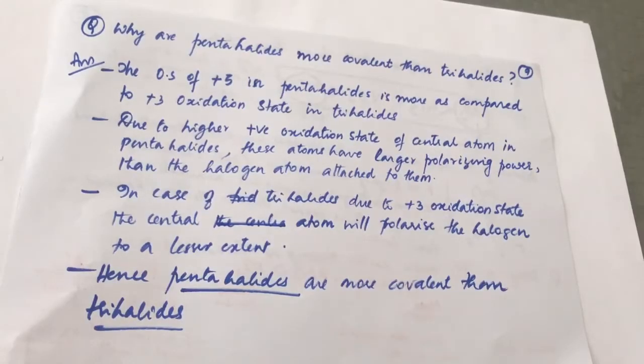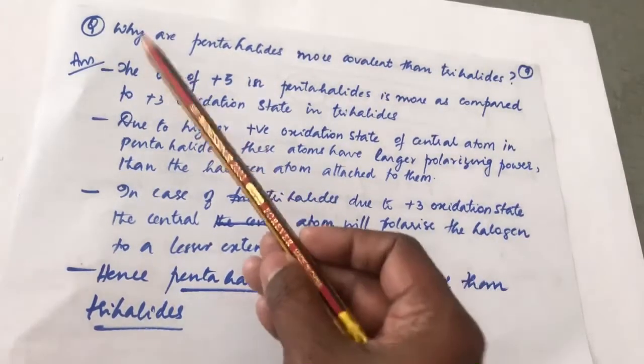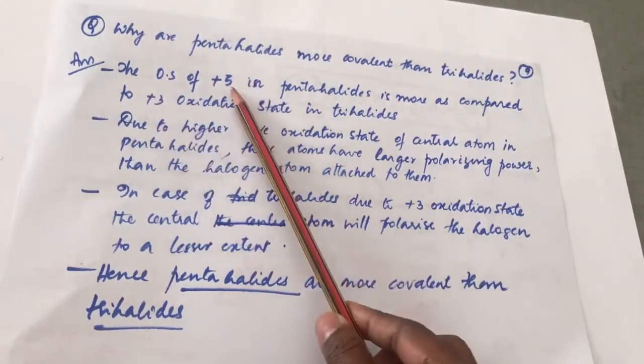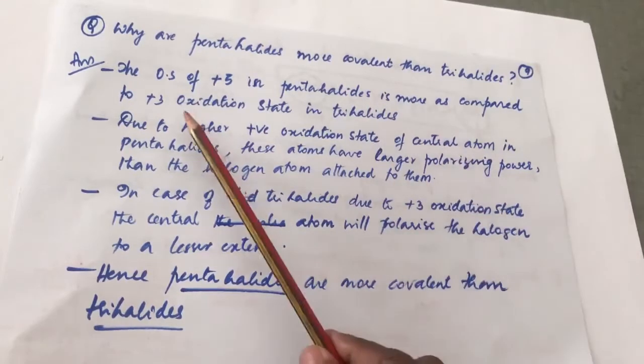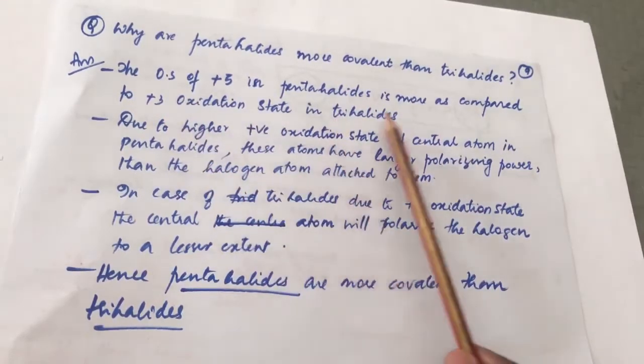There is one important question in your textbook, page number 162, question 7.1. Why are pentahalides more covalent than trihalides? Here you can see the oxidation state of +5 in pentahalides is more as compared to the +3 oxidation state in trihalides.